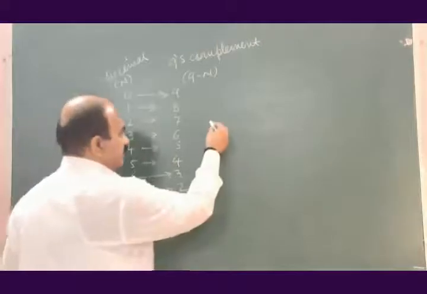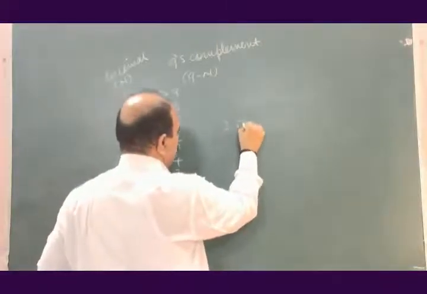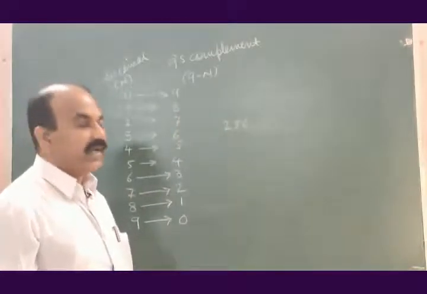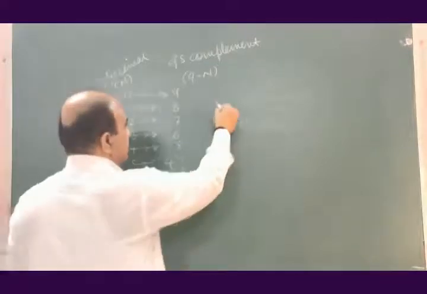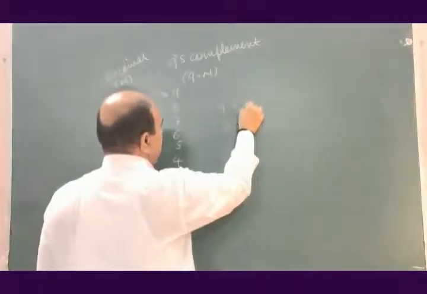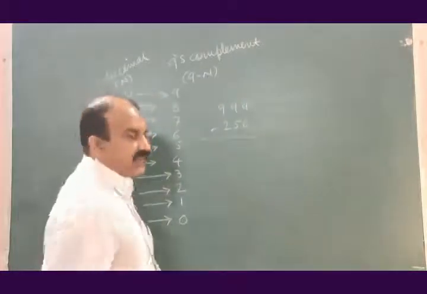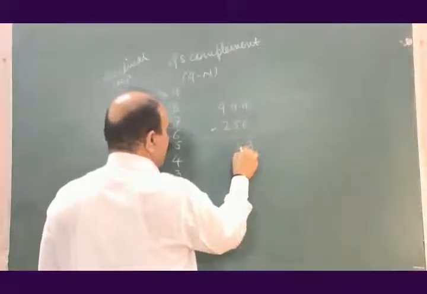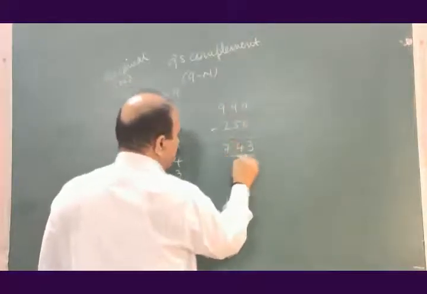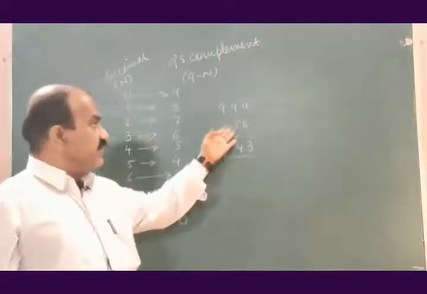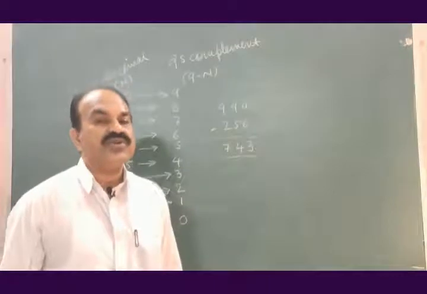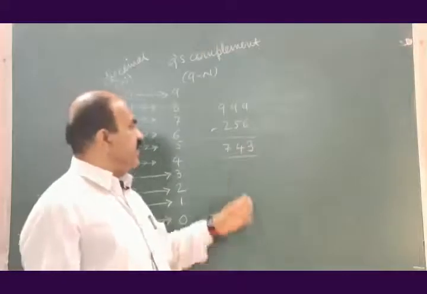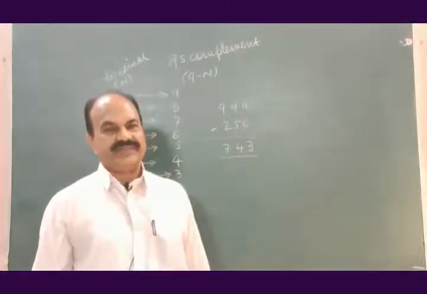If you are given some number and you are asked to find the nines complement of this, what will you do? Just subtract this 2 from 9, this 5 from 9, this 6 from 9. 9 minus 6, 3. 9 minus 5, 4. 9 minus 2, 7. So if 256 is a positive decimal number, its negative representation in nines complement is 743.